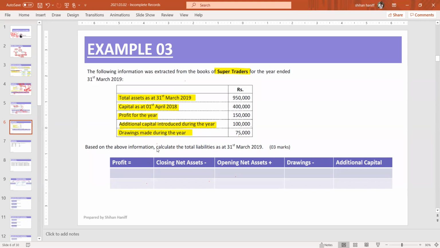Based on the above information, calculate the total liabilities. Now, the previous question, we have calculated the total assets of the year. Now we are going to calculate total capital. So can you all tell me how much is the capital?